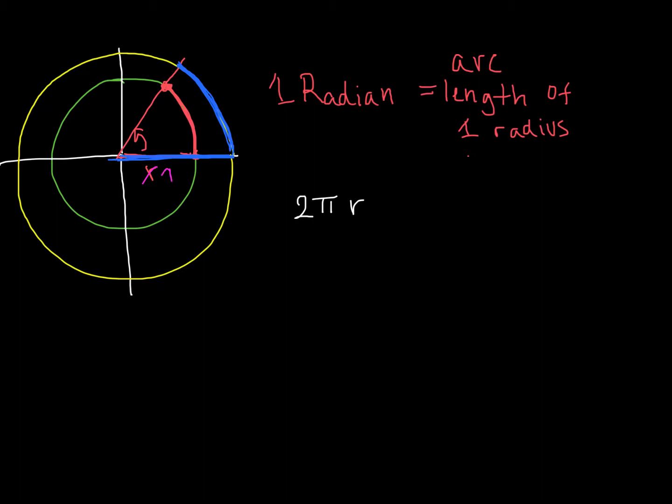If you have a radius length of 1, what is the arc length of 1 radian? Well, this distance is now going to be 1, right? So when I have a radius of 1, every 1 radian is 1, right?